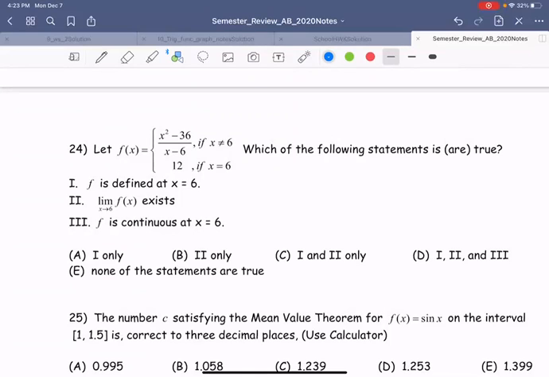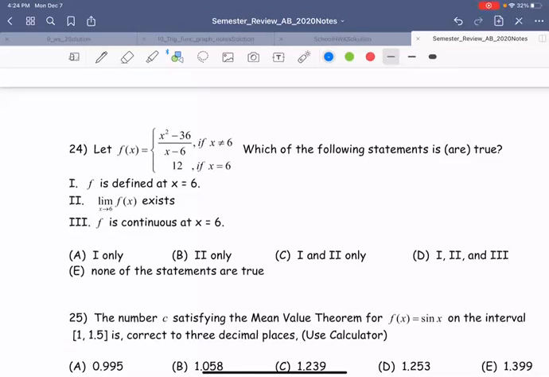So let's see. Is it continuous at 6? That's not right. It's not continuous at 6. Why? Because in the original equation it says if x equals 6, then it's 12. So it's continuous at 6.